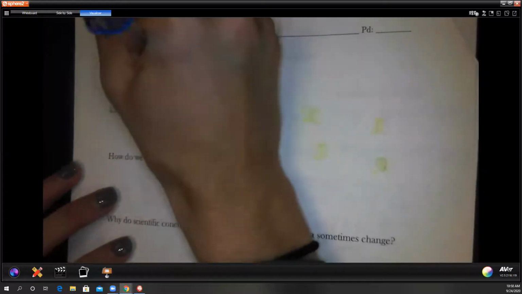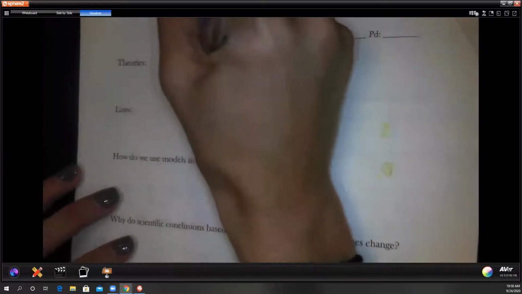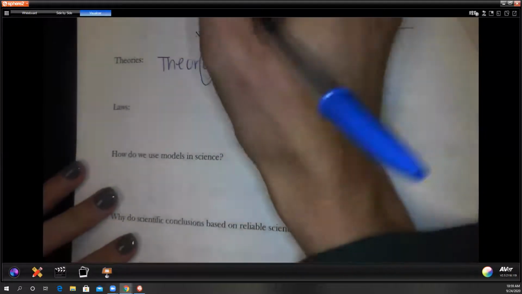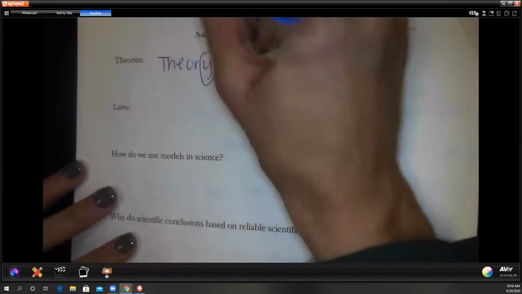So remember we said the word theory has a Y in it because they explain why things happen.